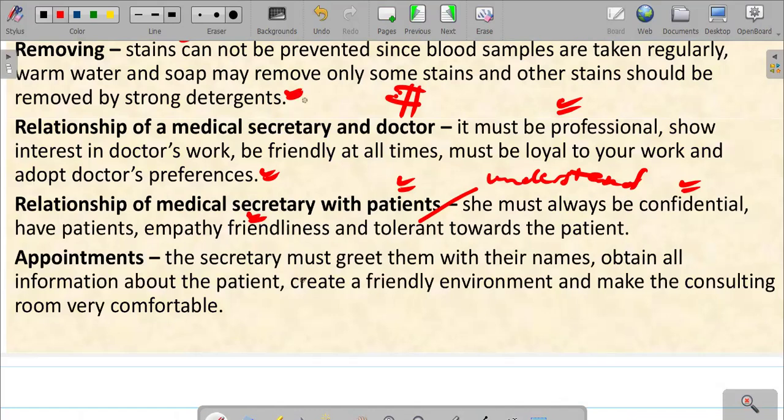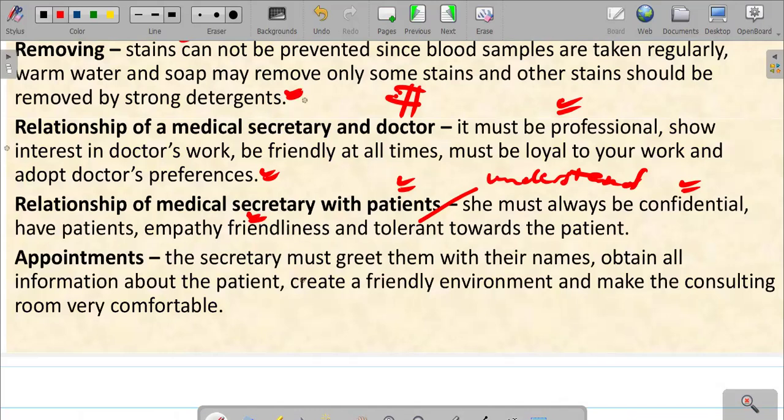They are sick, they've got conditions which might make them hyper or sometimes hypo, depending on whatever times and situations they are going through. So it is important that a medical secretary has tolerance, is very empathetic, friendly and confidential towards the patient.